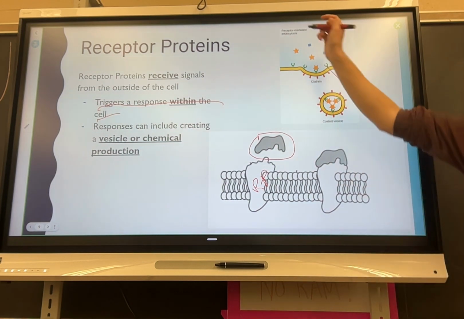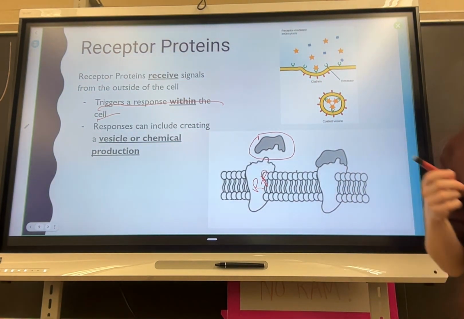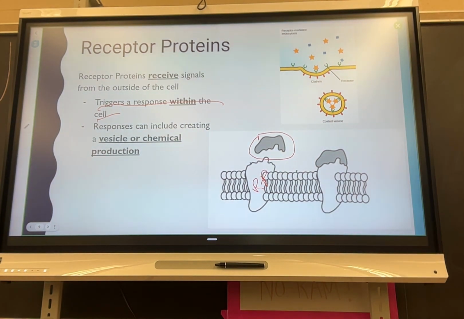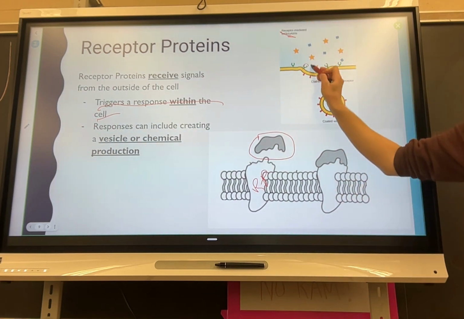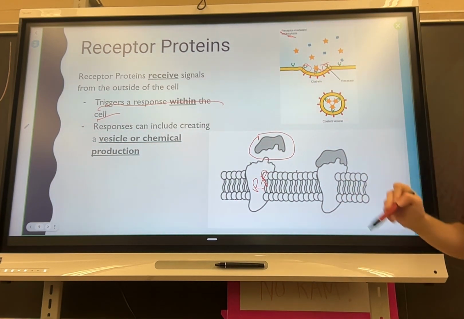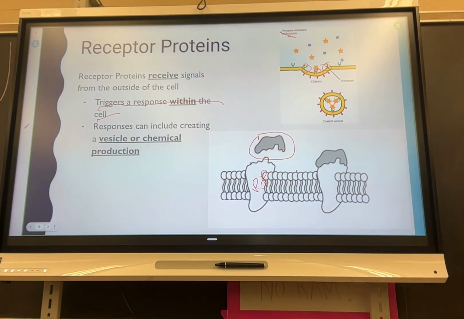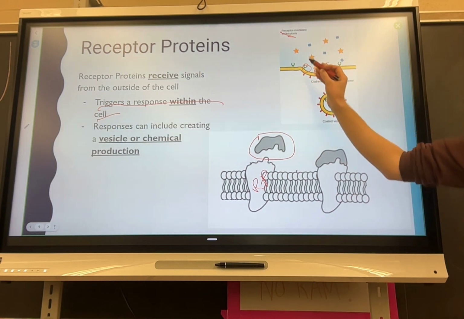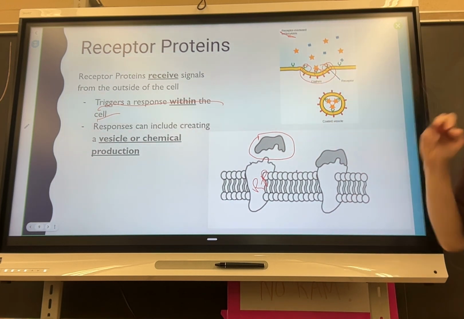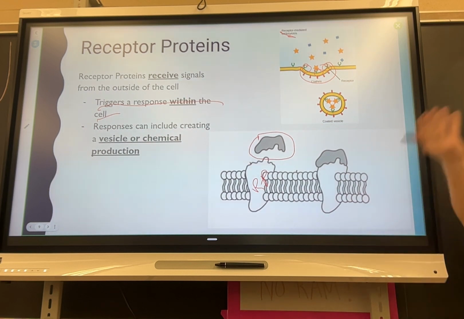They're also going to be important. You can see on the top we have receptor-mediated endocytosis. Big fancy words. Pretty much that just means that in order for this endocytosis to work, we need to trigger some of these little receptors, these little claws up here. So whenever a molecule binds to it, it will trigger a response and it will create a vesicle.